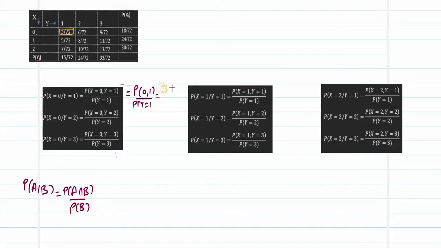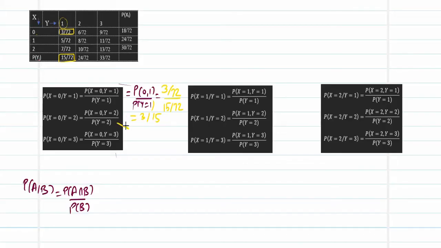So, the numerator is 3 by 72 divided by probability of y equal to 1, which is 15 by 72. When we divide, the 72 can be cancelled off, leaving you with 3 by 15.